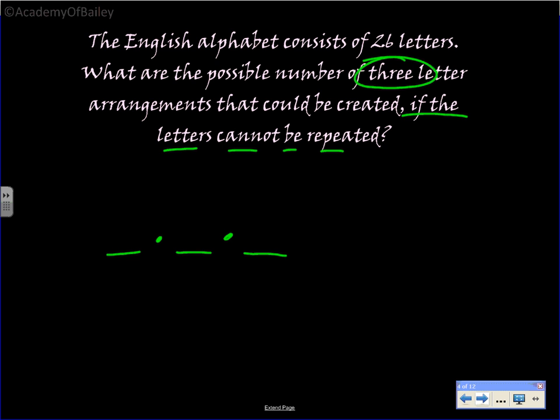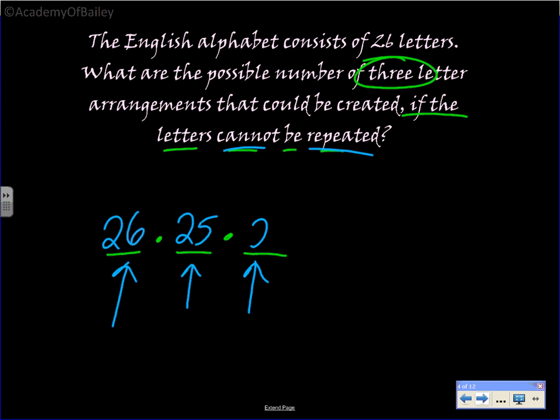So in the first slot, how many different letters can go in the first slot? 26. Now, if you cannot repeat, how many can go in the second slot? Well, if you've used 1 letter already in the first slot, the second slot can use all the letters but the one that was used in the first slot. And in the third slot, you cannot use the letters from the first 2 spots.